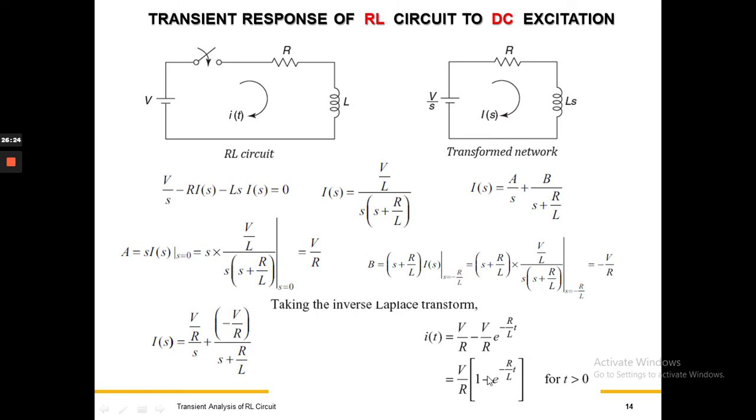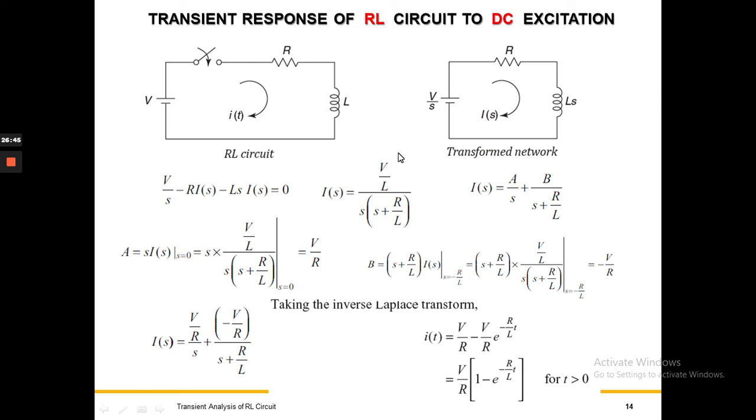Simplify it. This is the expression for the current through this inductance, and this is the waveform. So this is how we do a transient analysis of an RL circuit in the frequency domain. This is a general case.